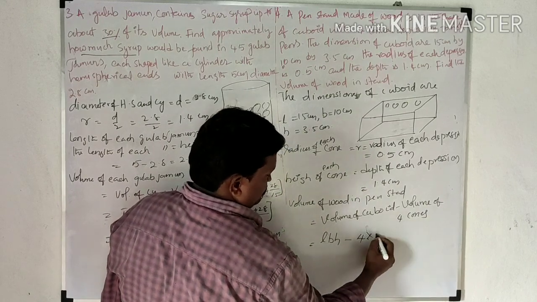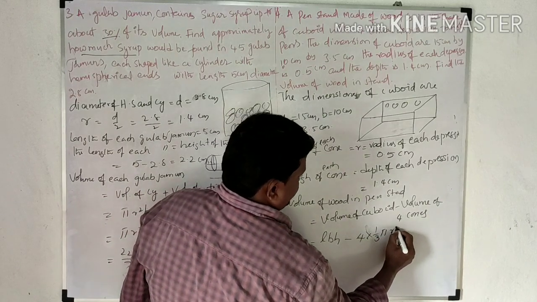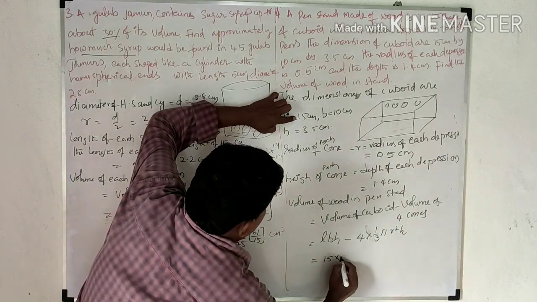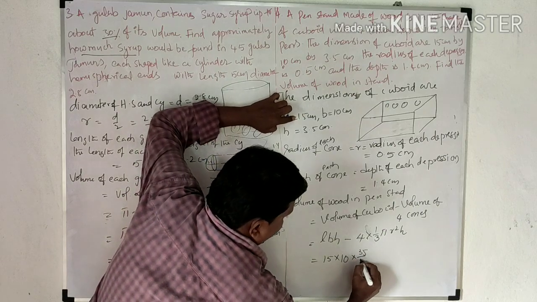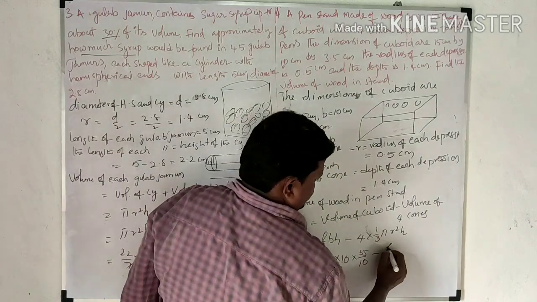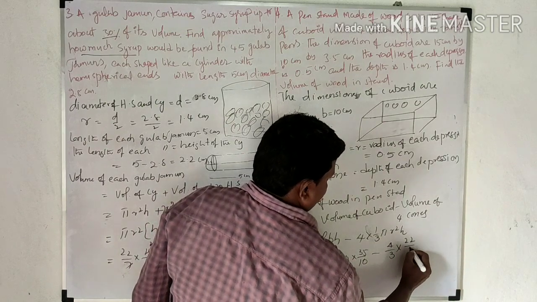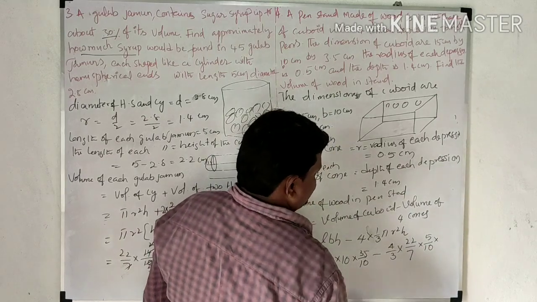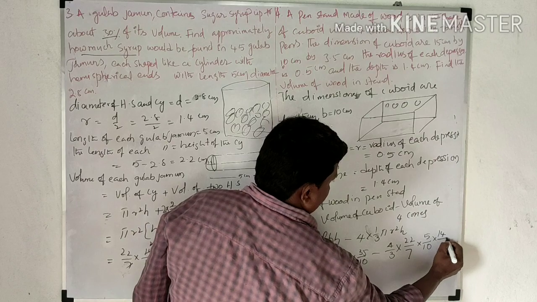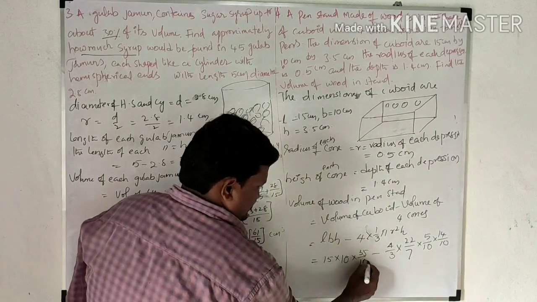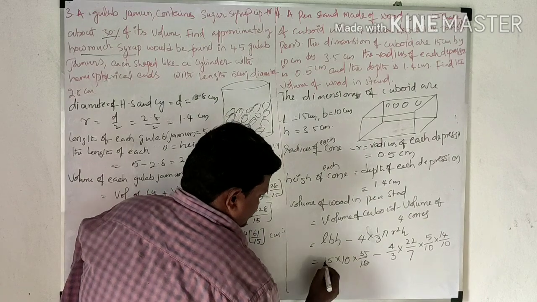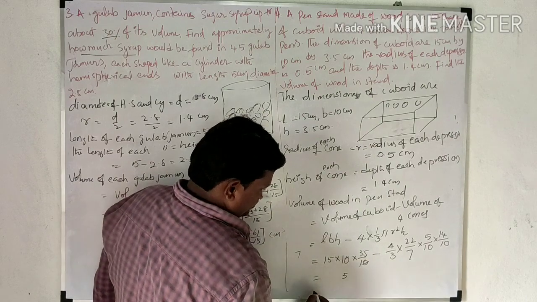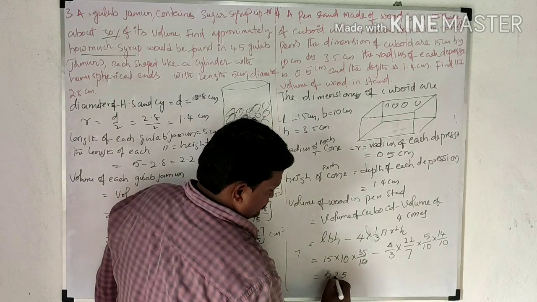So 4 cones are there. That is 1/3 pi r square h. So this h, that h different. So length is 15, breadth is 10, height is 3.5, so it will be 525.0 minus 4 into 1/3, pi means 22/7. What is the radius? 0.5 means it is 5/10. And what is the height of the cone? 1.4 means 14/10. So this 10 cancels. This is 15 into 35. 15 5s are 75. 15 3s are 45 plus 3, that is 525 minus.